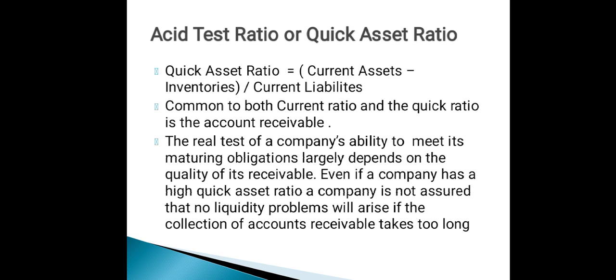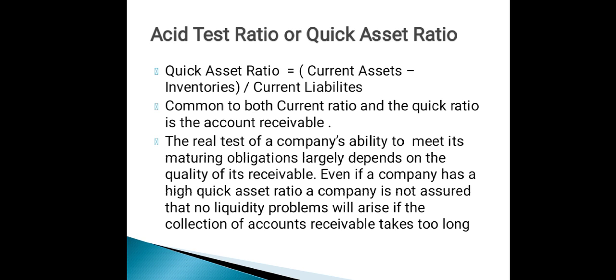So next, the acid test ratio or quick asset ratio. Quick asset ratio is current asset minus inventory over current liability. The common between the current ratio and the quick ratio is they have accounts receivable.